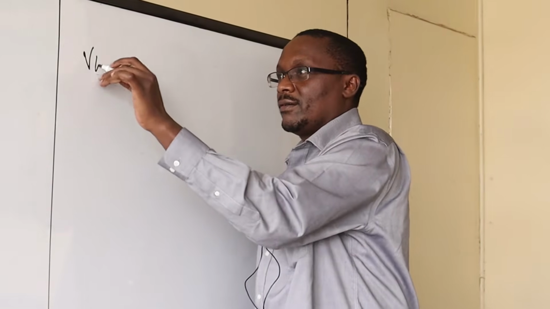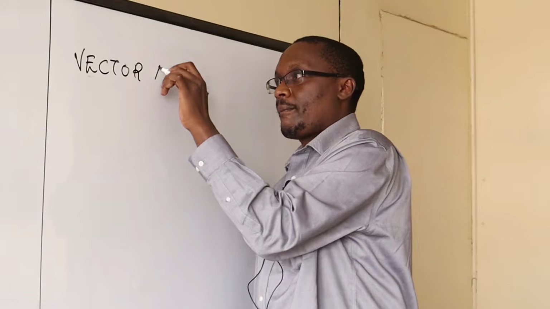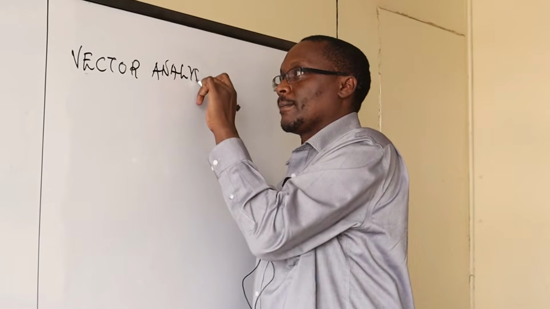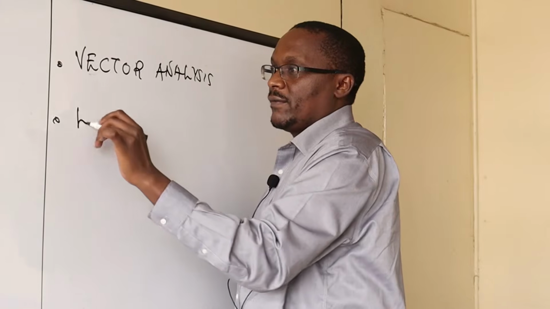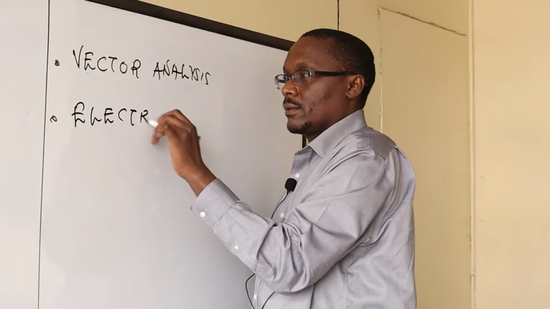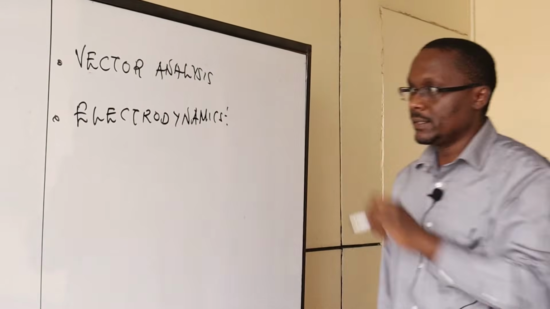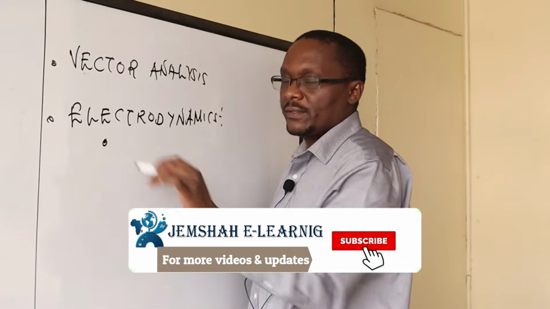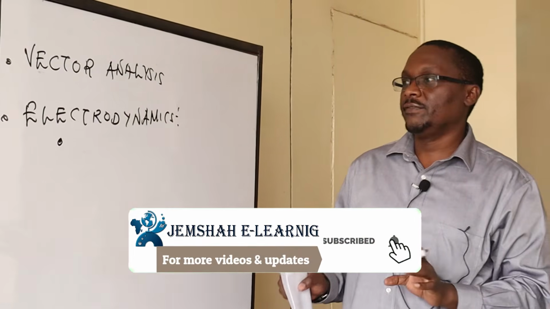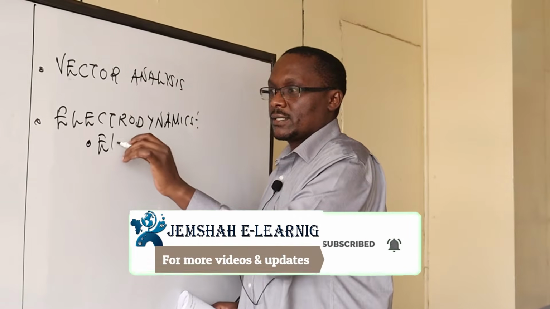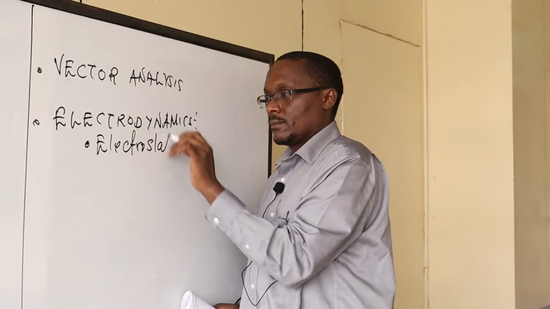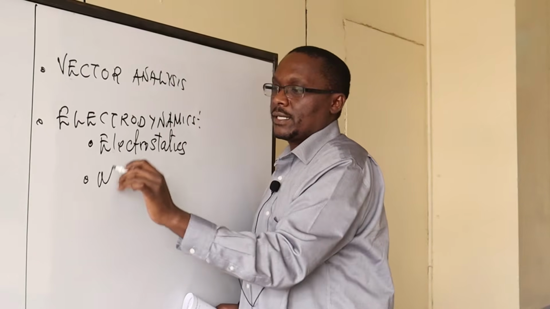And in Electromagnetic Field Theory, we have around 6 units supposed to be covered, and these units are vector field theory or vector analysis, electrodynamics, and this is the main core of electromagnetic field theory, because electromagnetic field theory involves 2 major fields, and these fields are electrostatics and magnetostatics.